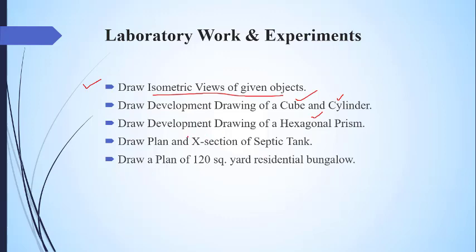The second last is draw plane and cross section of a septic tank. In the laboratory work, the plane and cross section of a septic tank would be drawn, and in the final we will construct a residential imaginary bungalow plan that might be 120 square yards, or it might be other dimensions.